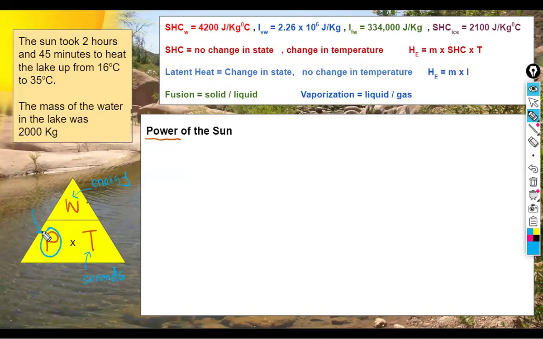And power is measured in watts, whose symbol is capital W. So this is a normal heat question, but once you calculate the heat or energy, you just divide it by the time it took for the entire question to unfold, and you will get your power.